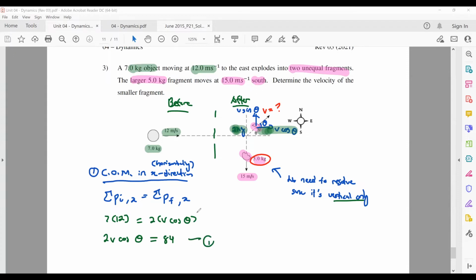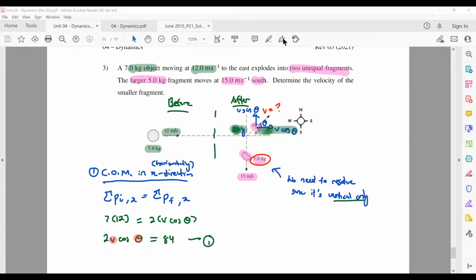Now you see, I cannot proceed any further because there are two unknowns. I do not know angle theta, and I do not know what the velocity v is. So I cannot solve this equation as it is. I need another equation to be able to solve. This is where you consider the momentum in the y direction.